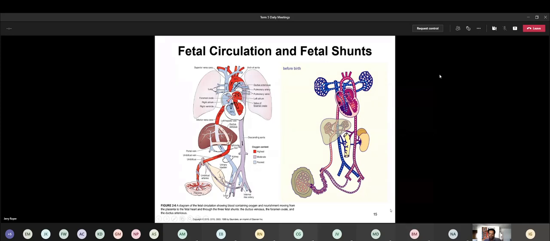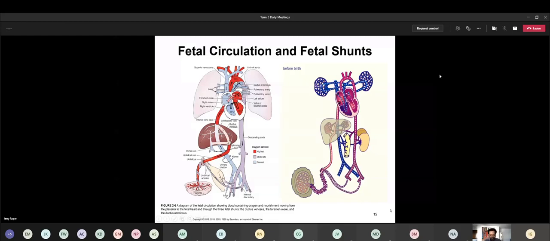And the goal is to try to take that oxygenated blood and get it to all the tissues in the body with as little mixing as possible. There's going to be some mixing just because of the way that this system is set up. But if you keep shunting the blood from one place to the other place, then that's still going to be better than nothing.